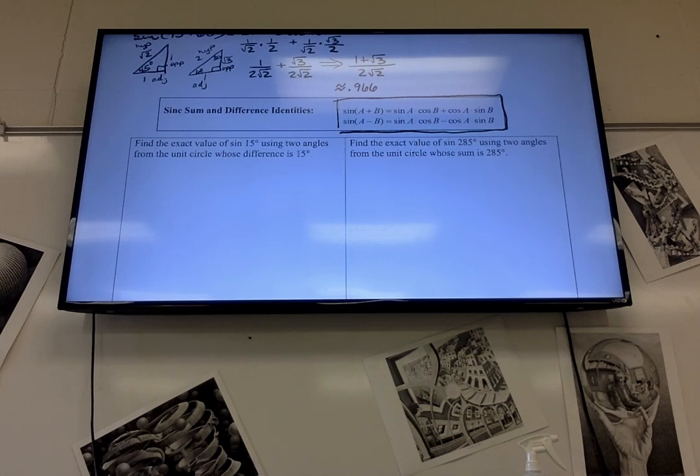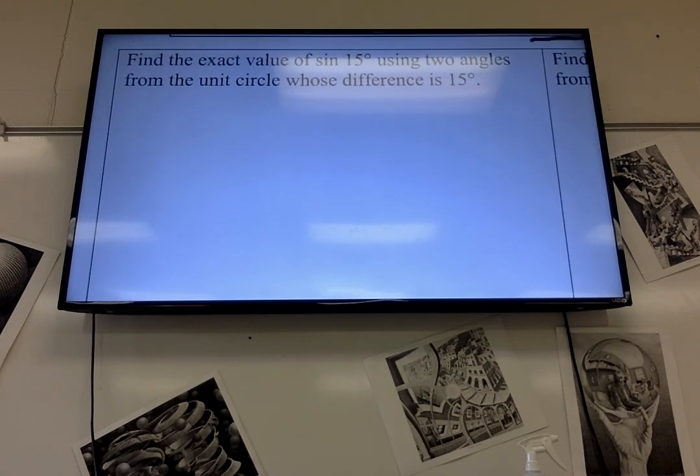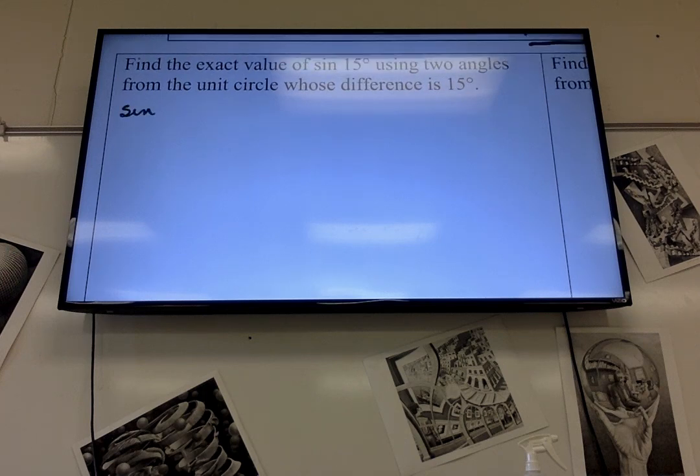So like for 15, to find the sine of 15, that's the same thing as the sine of, and it says it wants you to use a difference. So two angles that we could subtract to give us 15, but we can use special right triangles to figure it out.